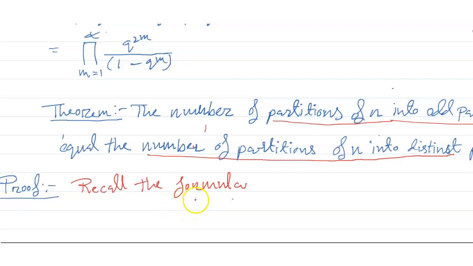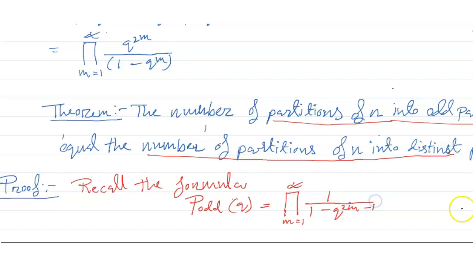P odd q equals summation m equals to 1 to infinity 1 divided by 1 minus q to the power 2m minus 1.